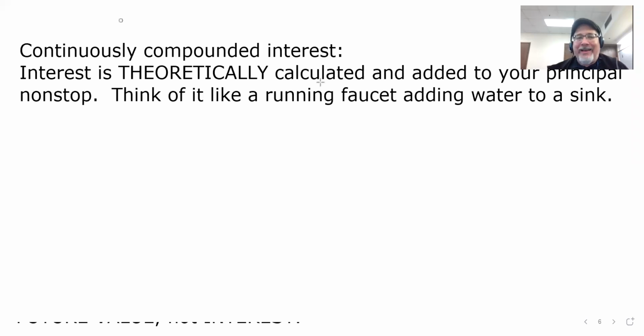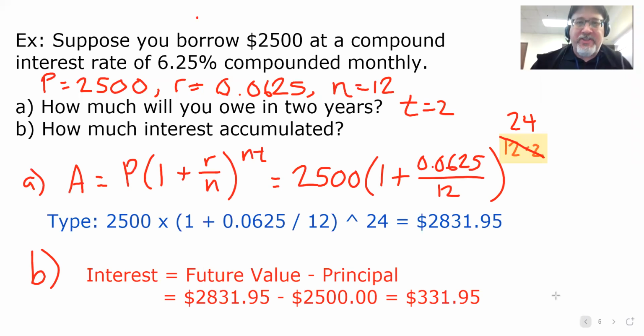All right, the last type of interest that we're going to look at is called continuously compounded interest. And the genesis of this idea is if we go back to this type of problem where interest was compounded monthly, I'm not going to prove this, but you can accept it at face value that the more frequently interest is added, the more interest you have at the end.